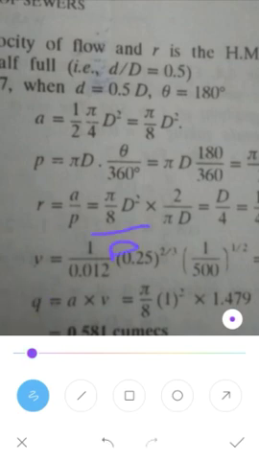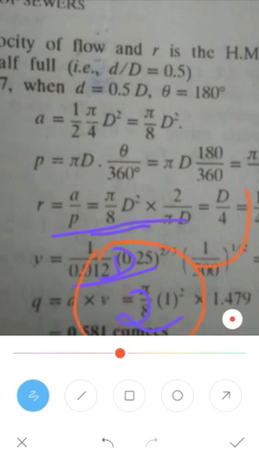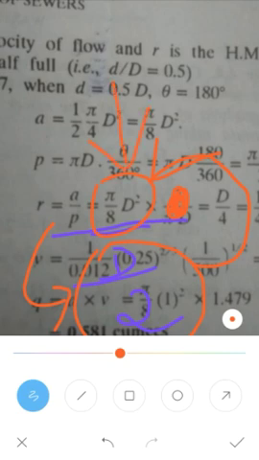The denominator is there, so if you bring that into the numerator, D by 2 will become 2 divided by D. That ratio, the fraction D by 2, will become 2 by D. For area I have written pi d square divided by 8, and for the perimeter place I have put D by 2.